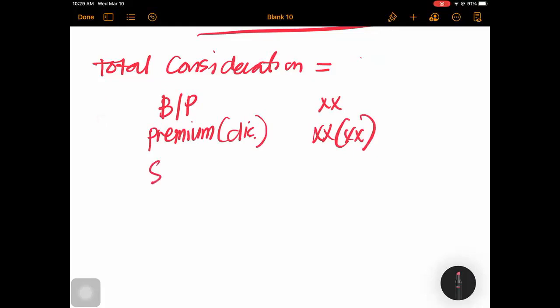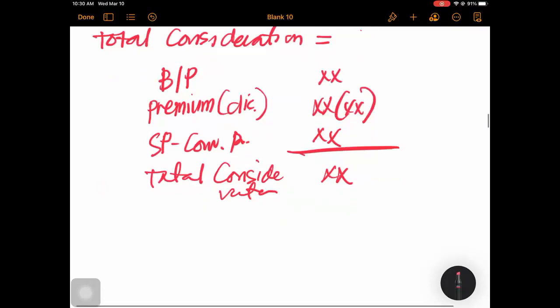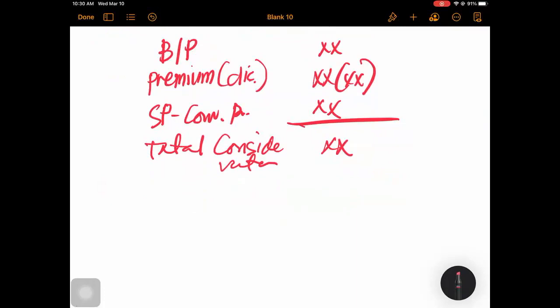Then you have the share premium conversion privilege. Then that is your total consideration if you are going to convert the bonds payable. Okay, after computing the total consideration, we need to deduct the par value of the share or the share capital.